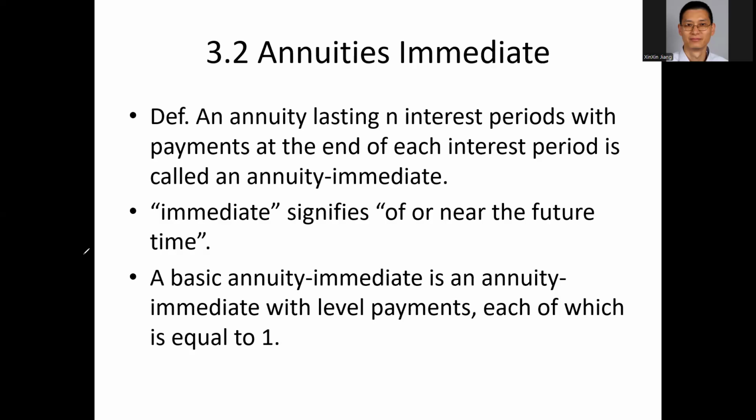So if you wanted to draw a timeline, you would have time 0, then 1, 2, dot, dot, dot, then n, and you pay 1, 1, 1 at the end of each time period.